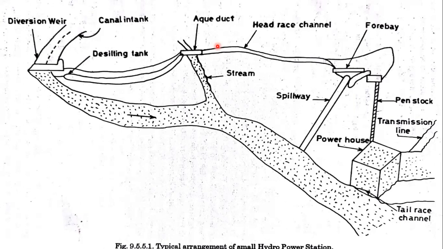If a solid boulder structure type weir is used in non-rocky foundations, maintenance and repair of damages due to scour may create some problems here. So the diversion weir should be capable of diverting all the lean season flows, all the season flows it has to divert, and the structure will be reasonably safe during monsoon floods also.